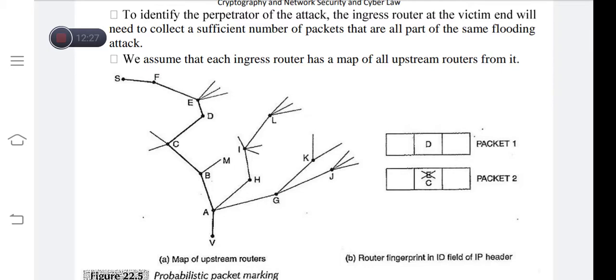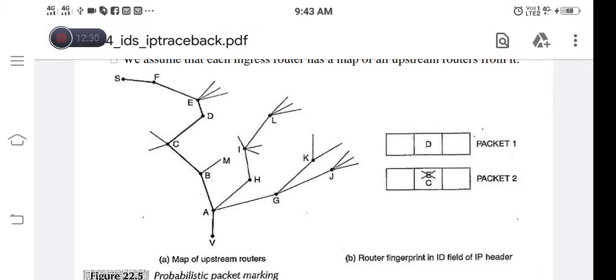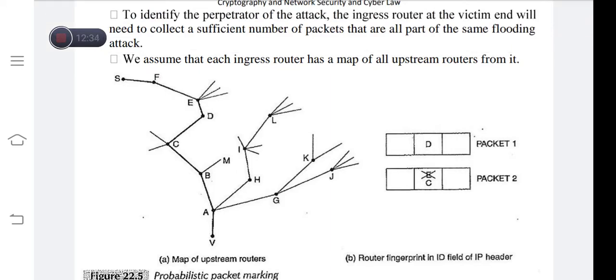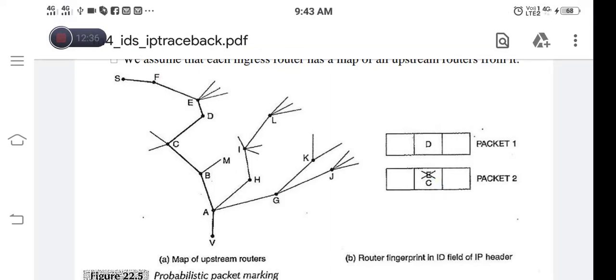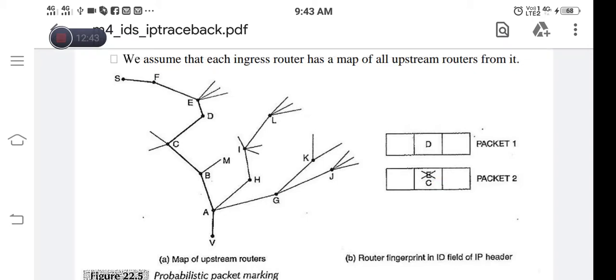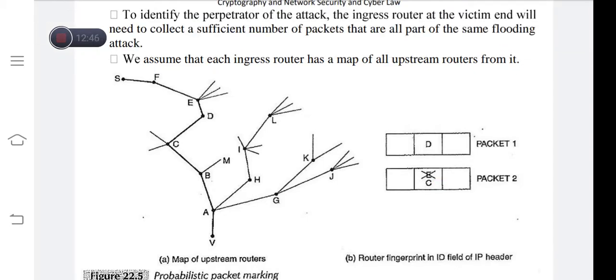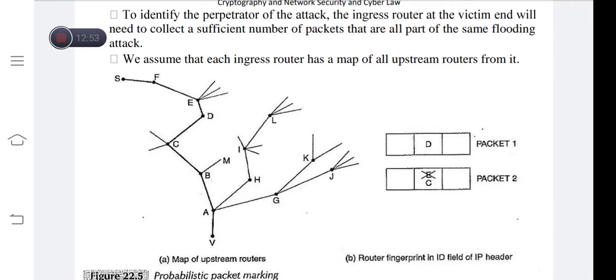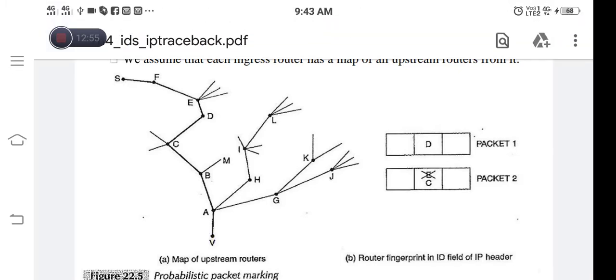So, packet 2 was marked by router E, which is very close to the source of the attack. Now the downstream routers of E are D, C, B, A, and router C has overwritten it. So once this packet 2 arrives at the victim, since it is overwritten by router C, it helps to construct the path of the attack.